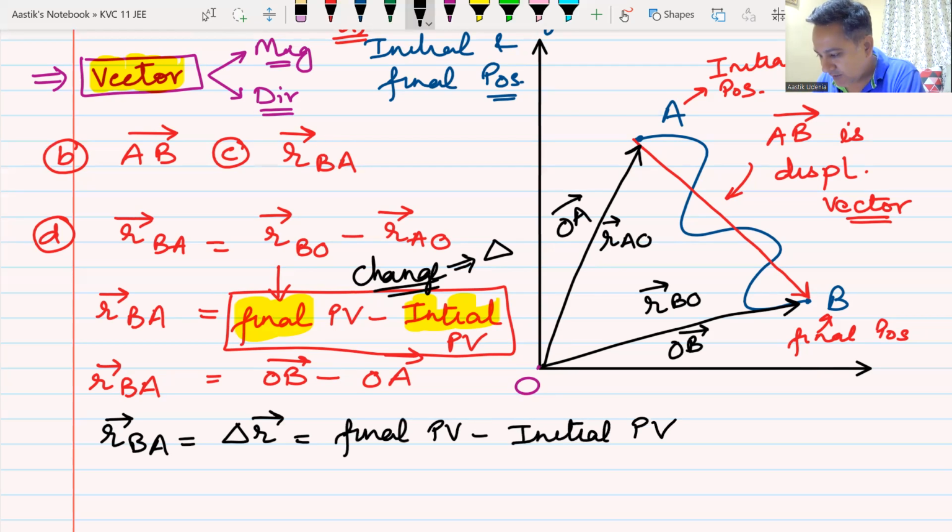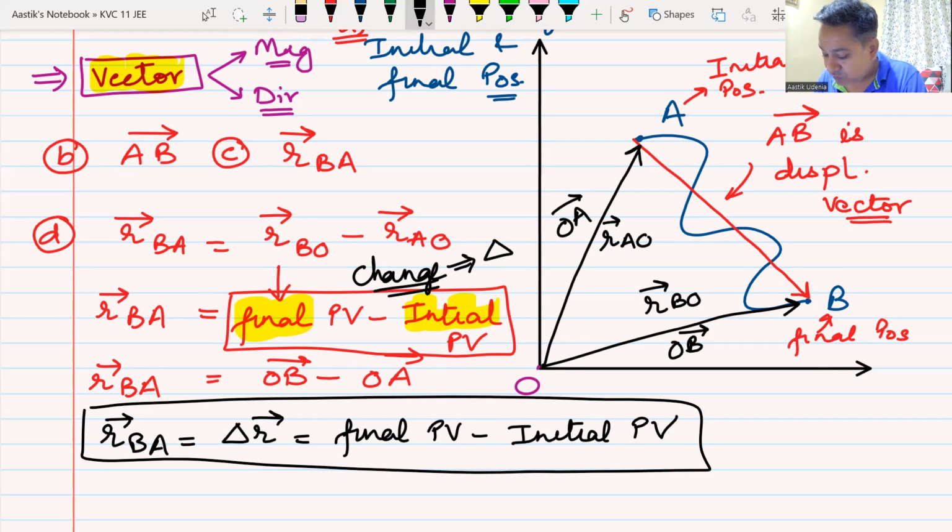Do we understand how beautifully we have written this? And remember, I have not used that funny term, shortest distance, because that funny term should not be used here. Delta R vector. Do we understand the meaning of delta R vector here? Yes or no?